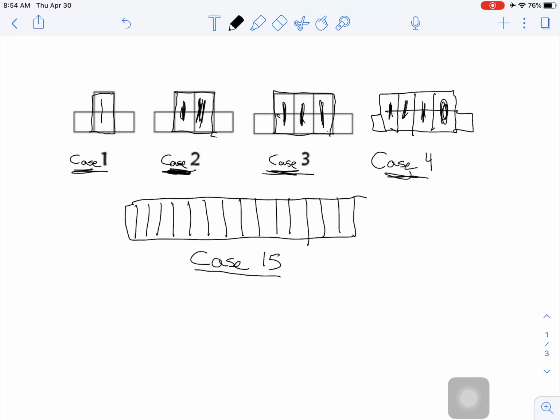That's 1, 2, 3. There's 15 there, plus the 2 on the end, right? Because I have to add the 2 on the end afterwards. 15 of these two-blocks, and then I added the 2 on the end.